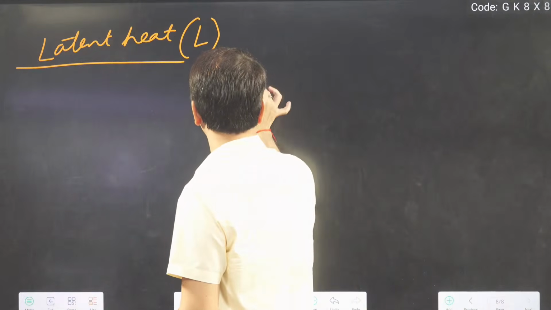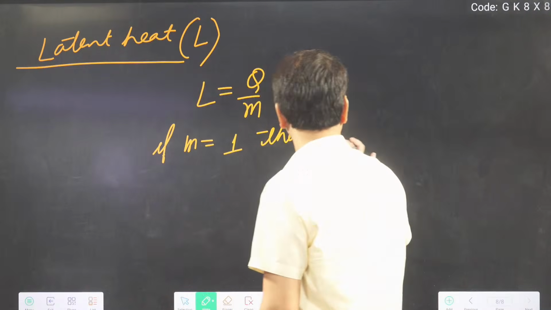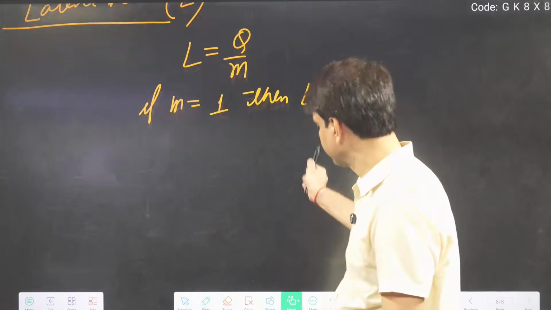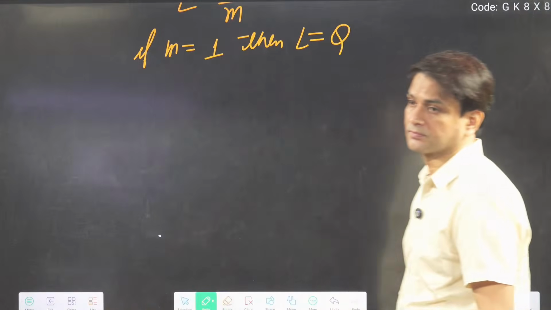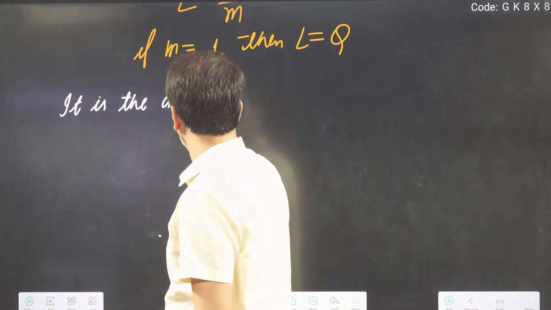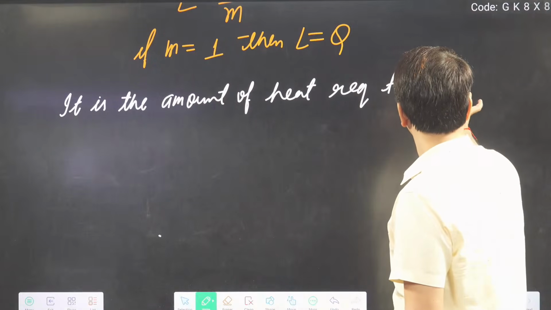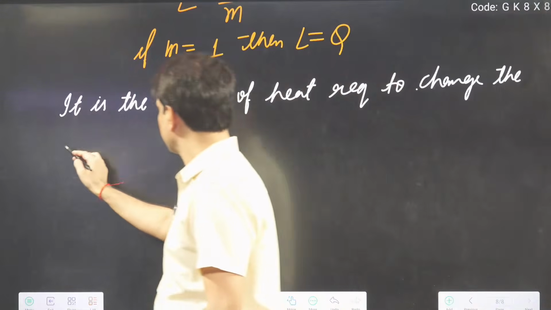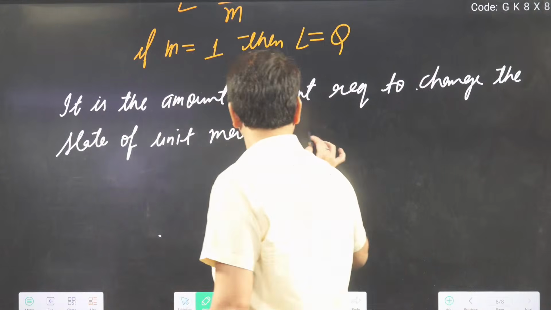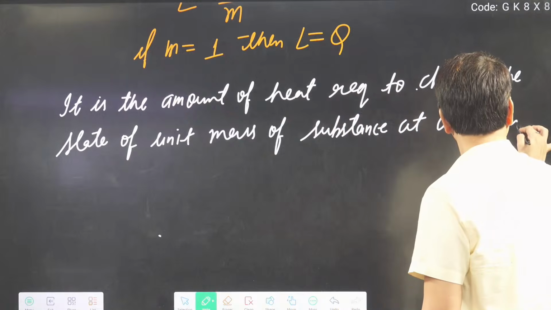Latent heat, we define L is equal to Q by M. If I take M equal to 1 unit, then we can say L is equal to Q. So latent heat is the amount of heat required to change the state of unit mass of a substance at constant temperature.